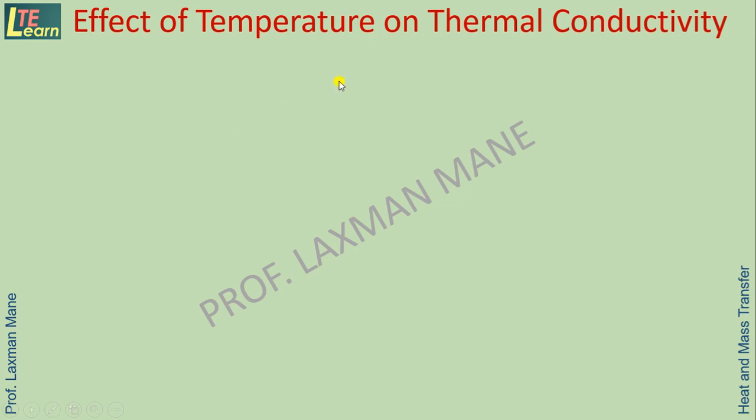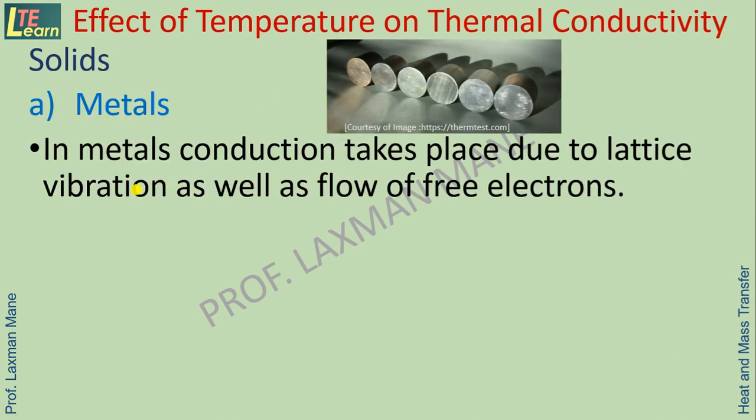Effect of temperature on thermal conductivity. So we know that there are three states of material: solid, liquid and gases. Solids again have two types, metals and non-metals. In metals, conduction takes place due to lattice vibration as well as flow of free electrons.